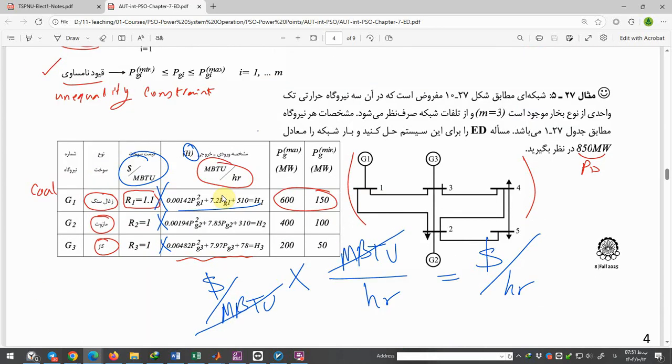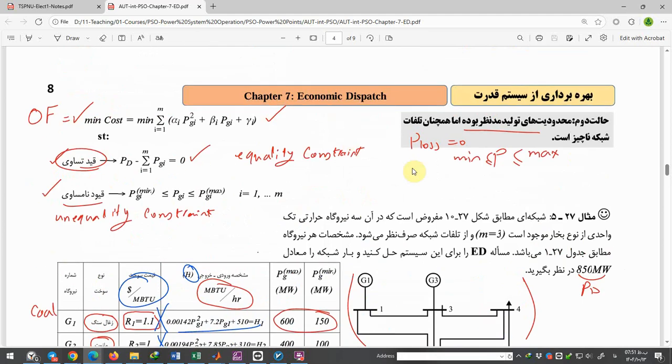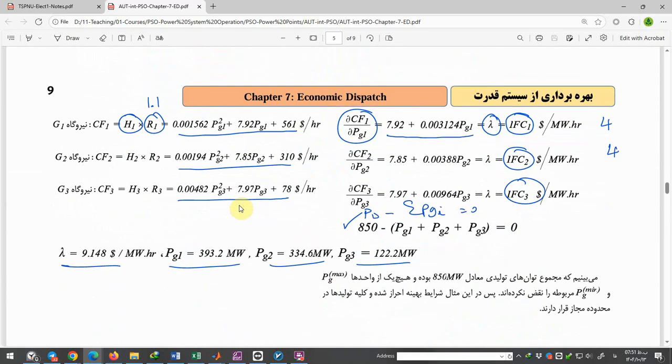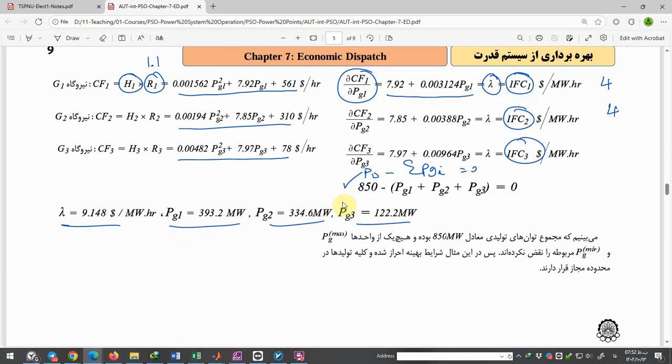In this exercise we discussed the second scenario. After the second scenario, we check all generated power against the limitation.